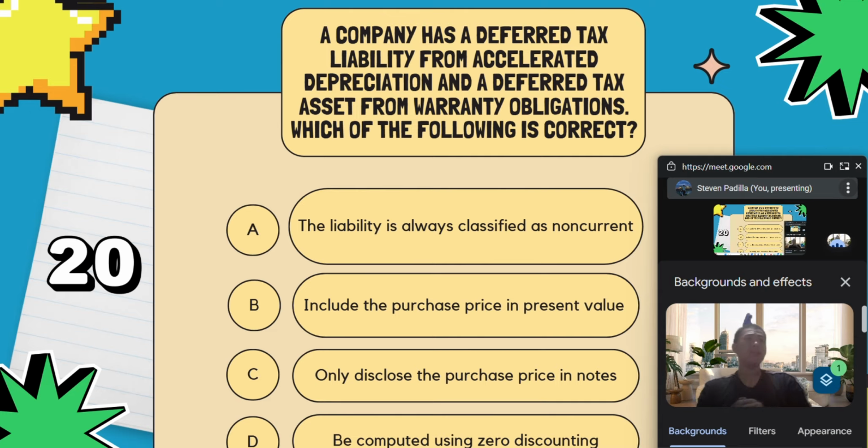Under US GAAP, deferred taxes are classified based on the underlying asset or liability, since they are not the same classification, they are not netted and are reported separately. Therefore, the answer for our final number, number 20, is letter C. That is the only correct answer among the four choices.